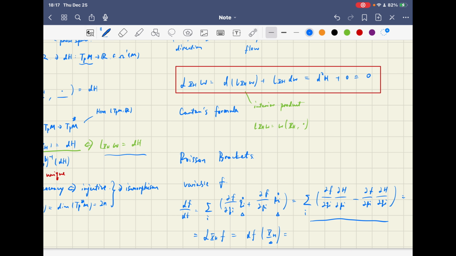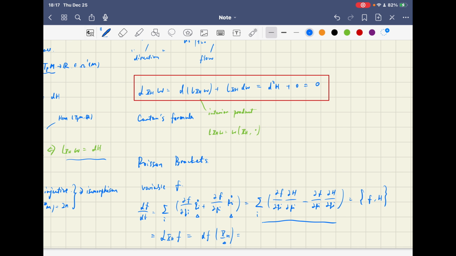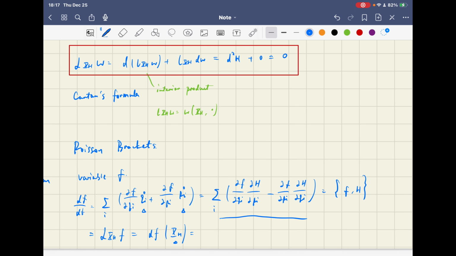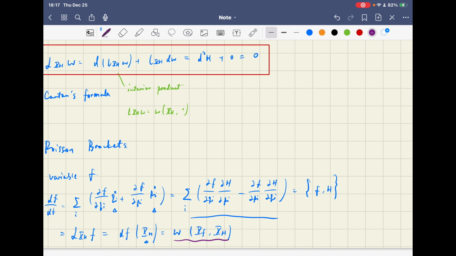Since we already have one parameter fixed with this df, we can plug this into the two-form. Going backwards, we can generate a vector field X_f based on the function f, and plug it in as the first parameter. So what we get is omega(X_f, X_H). There, we have successfully established a relationship between this two-form and the Poisson brackets.